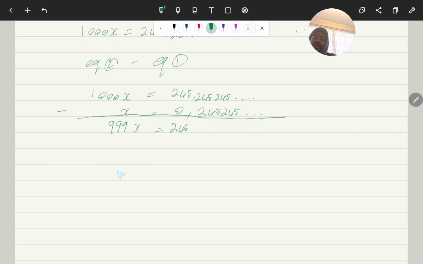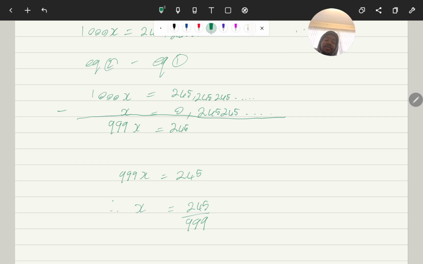Then now we simplify, right? So you have 999x equals 245, right? We divide by 999, right? So therefore x equals 245 over 999.